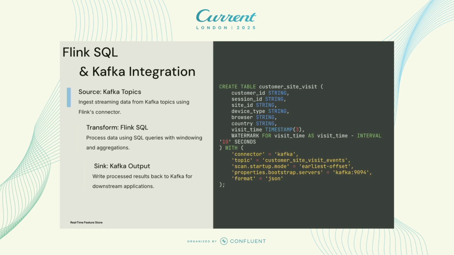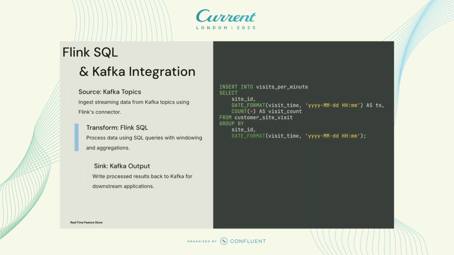First, we need to consume the data. So we create a Flink table that consumes the data in real time from the topic, and now we can query it. Second, this is all nine lines of code, very readable SQL that contains the whole data pipeline. We have insert into, select, site ID, count, from, group by site ID and date format by minutes.